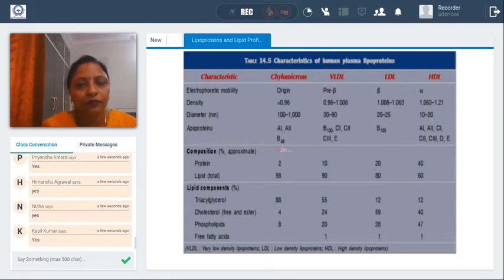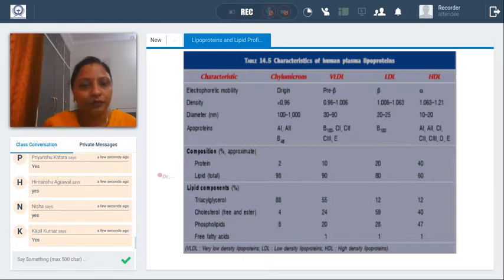Apoproteins, you all know: A1, A2, B48 in chylomicron, VLDL B100, C1, C2, C3, E. LDL contains B100. Here you can see chylomicron B48, and this LDL B100. And this HDL A1, A2, C1, C2, C3, D, E. It is important because chemical composition is entirely different.